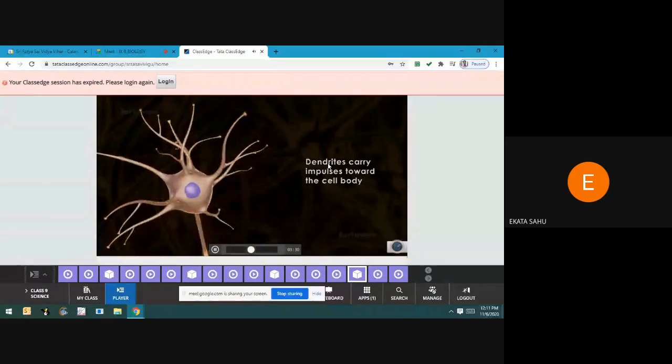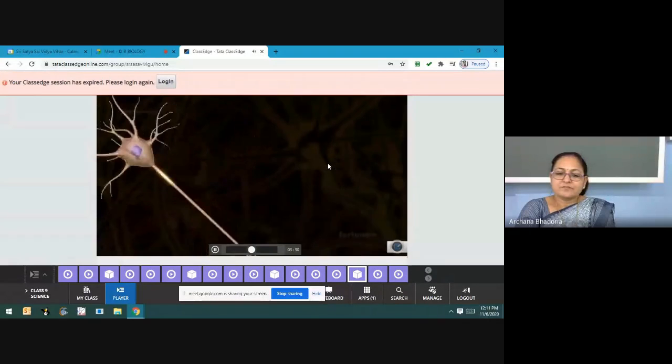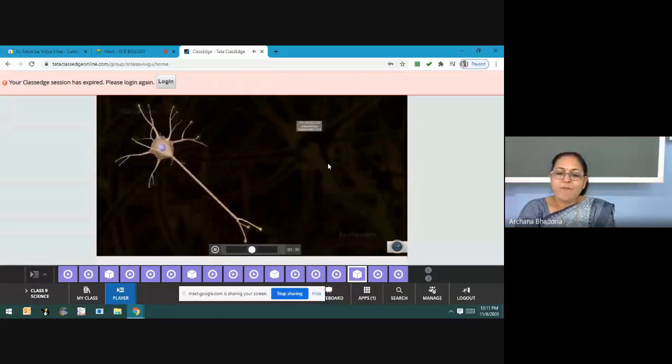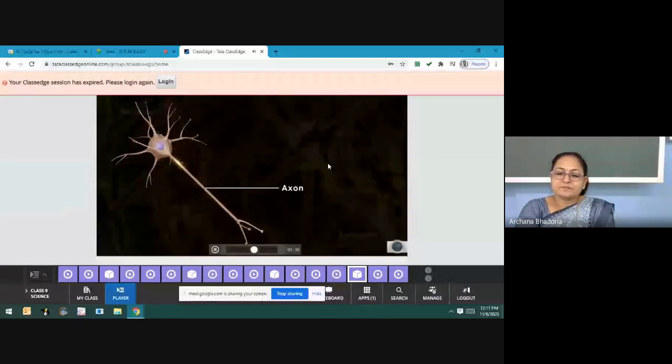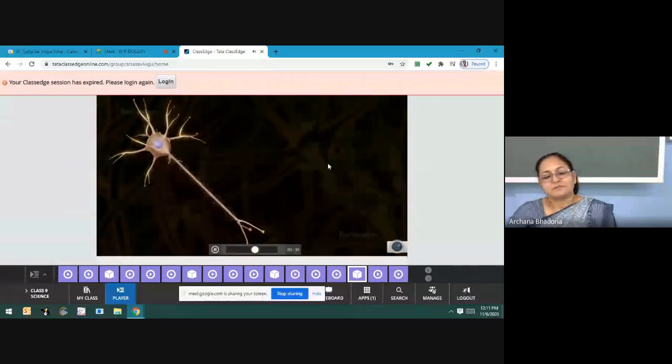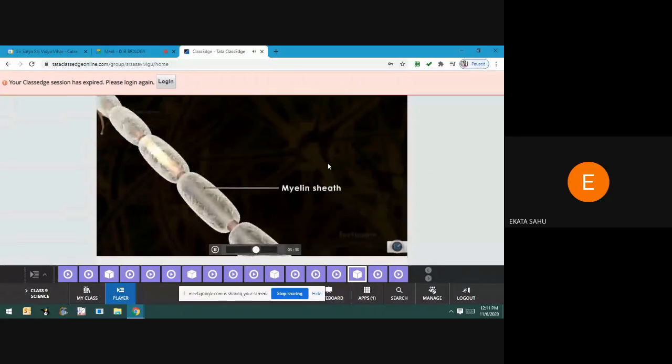Each neuron has one long, thicker extension known as axon, extending from the cell body. Axons carry impulses away from the cell body and to the dendrites of other neurons. A fatty white coat known as a myelin sheath insulates the axon.